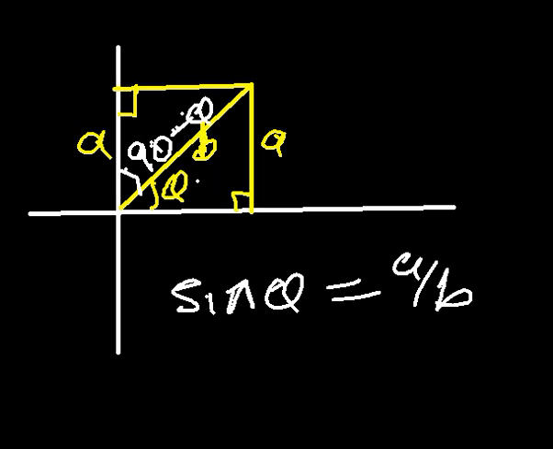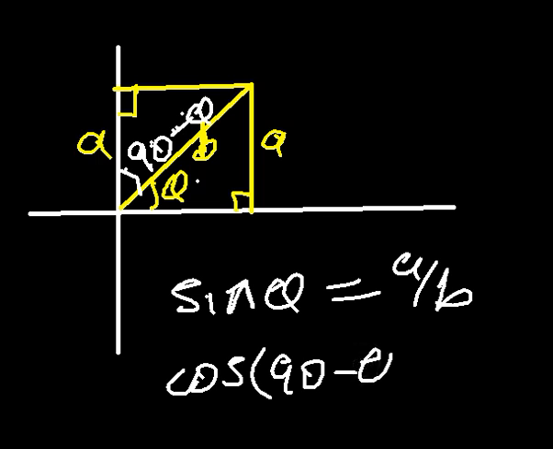So what is that? We have cos of 90 degrees minus theta, which is equal to A over B.